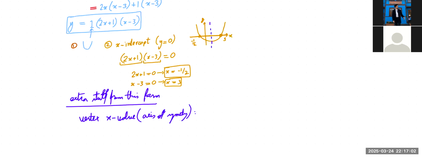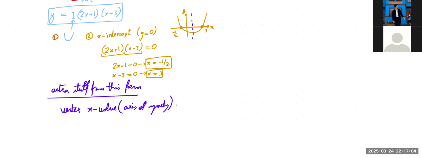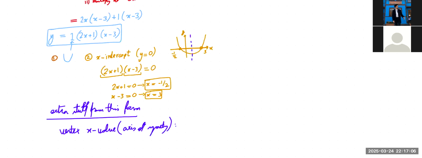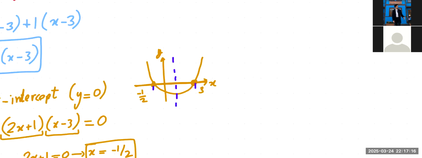Okay, how do you find that? As you said, parabolas are perfectly symmetric around their vertex x value, which means that the x value of the vertex is directly between -1/2 and 3. So all we gotta do is find the midpoint of -1/2 and 3.